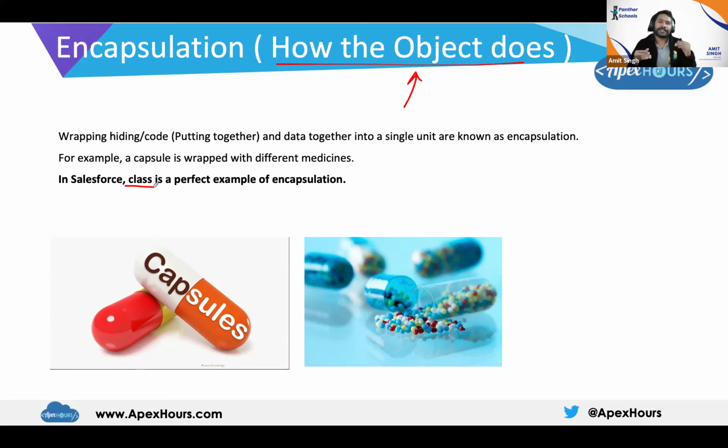So these were the concepts we talked about in our OOPS: object, class, abstraction, inheritance, polymorphism, and then in the last encapsulation.